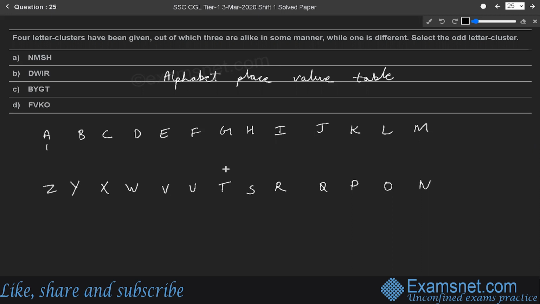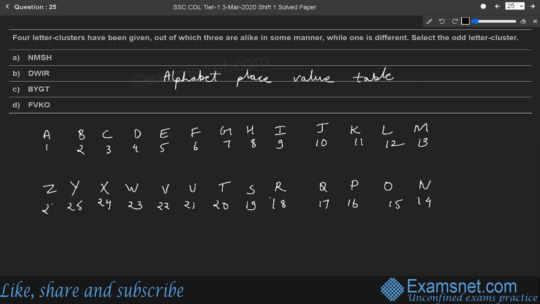A is in the first position, B is in second position. Similarly, 3, 4, 5, 6, 7, 8, 9, 10, 11, 12, 13, 14, 15, 16, 17, 18, 19, 20, 21, 22, 23, 24, 25, and 26.